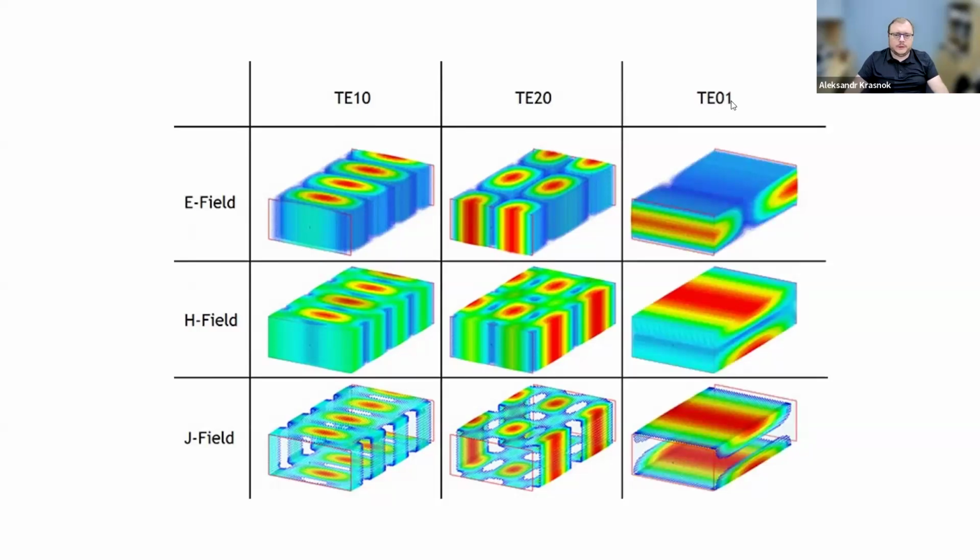And similarly for TE01, no change along the x direction, and one total change, one half of the half, one total change in the y direction, for the electric field and for the magnetic field. And this waveguide can support other modes, TE31, TE40, TE50, and so on and so forth.